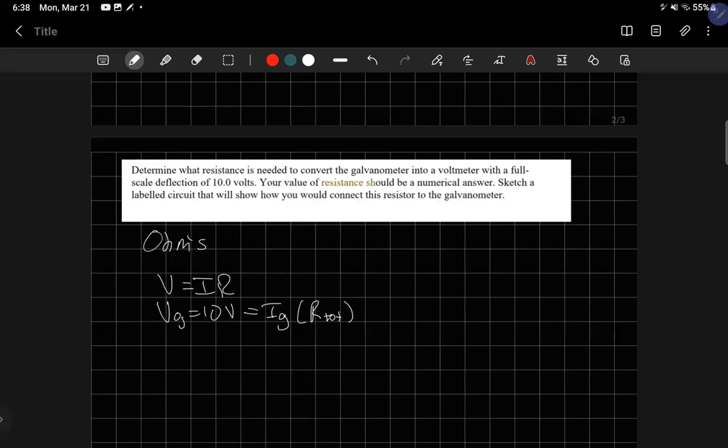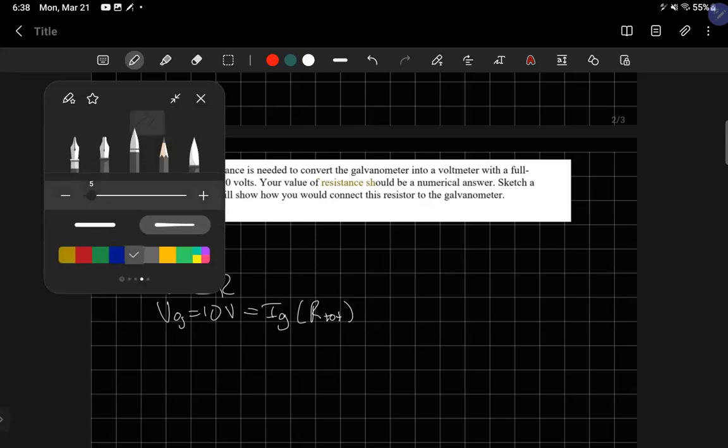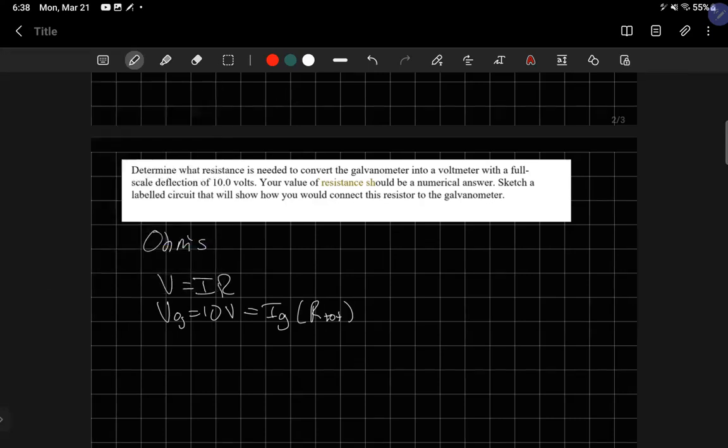So what we're going to do is, I don't know if he expects you to guess this or he is supposed to give you values, but if I was looking for resistance, I need I. So I just did an arbitrary like 1.5 milliamps.